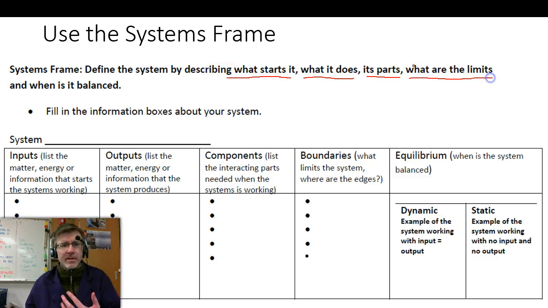What are the limits or boundaries? And then when is it balanced? That's equilibrium. So we're using slightly different words, but you tell me what your system is, and then tell me what your inputs are, what your outputs, what your components, what your boundaries are. And then describe to me both a dynamic and a static equilibrium for your system.